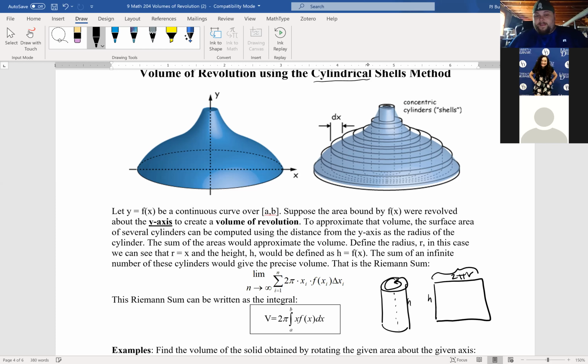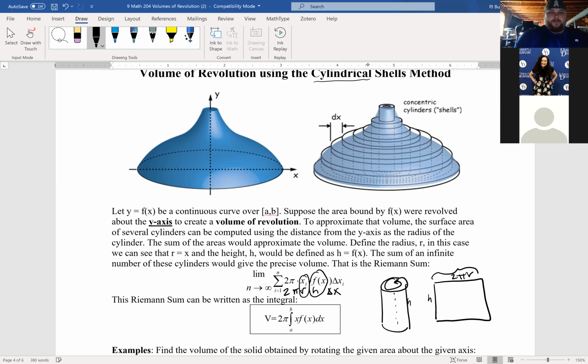So if I wanted to add up the area for cylinders, I'd have 2 pi r h, and then there's this delta x, which is the thickness of the piece of paper. So notice x is r and f of x is h.